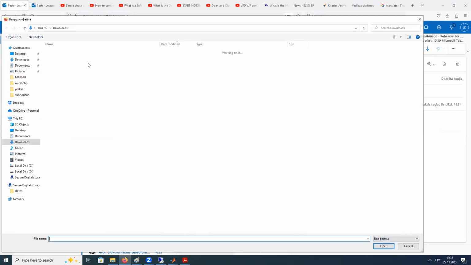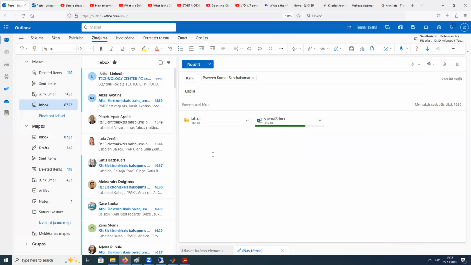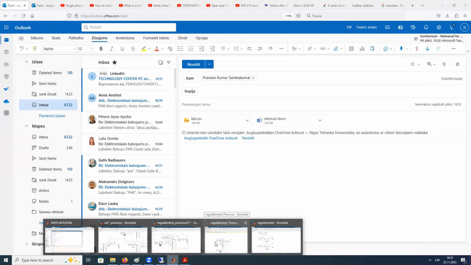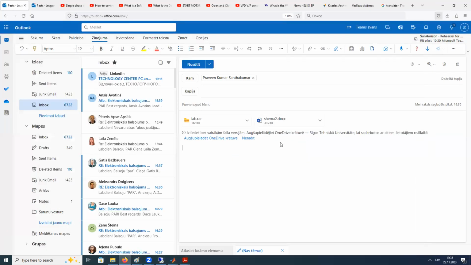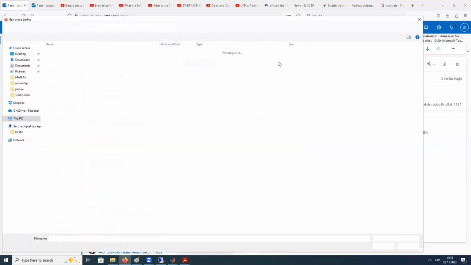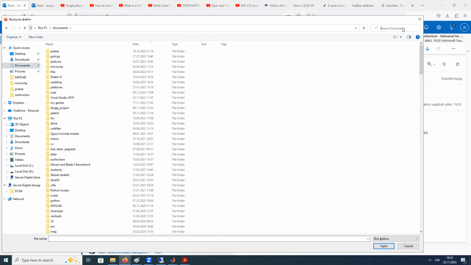I like the attachment more. Let it be attached. And I need to add this. And this one is called previous 25, 25%. And it is somewhere in my documents.